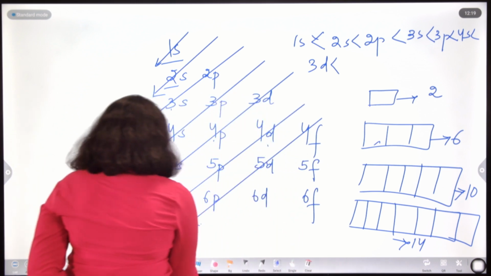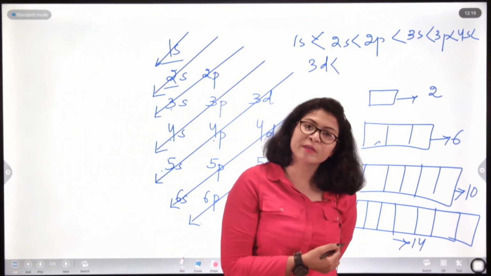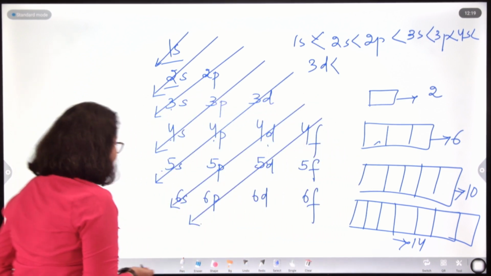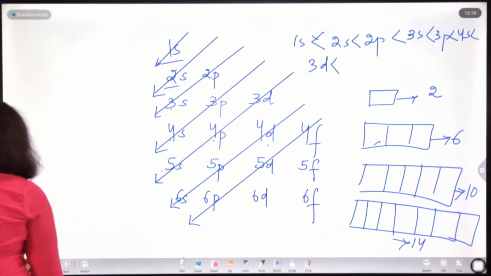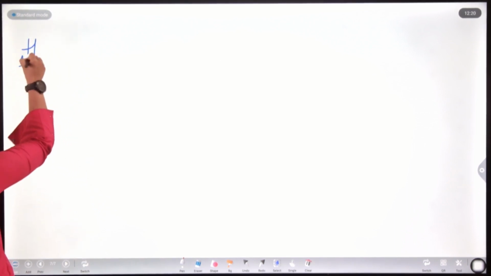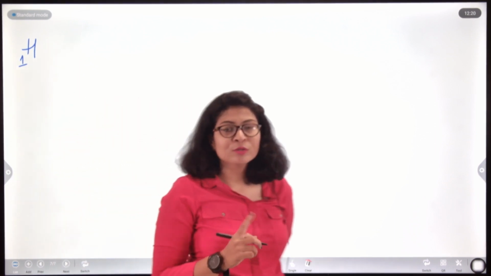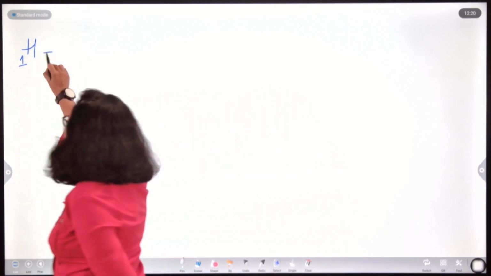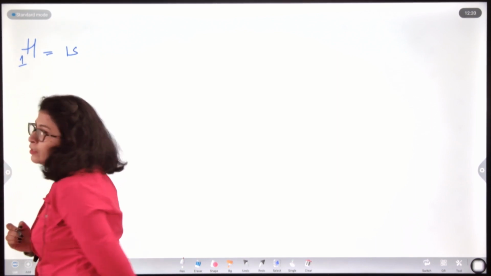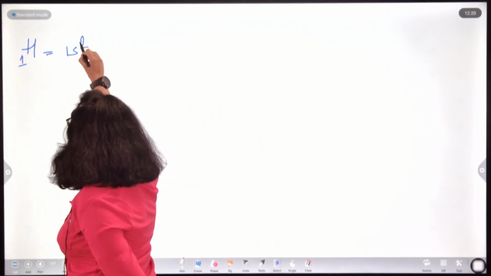Now, after this information, we can safely move on to writing the electronic configuration of our elements. So, we will start. For example, hydrogen, atomic number 1, has only 1 electron. So, first we have the 1s orbital, and 1s has a maximum capacity of 2 electrons, but we have 1 electron, so we will simply write 1s1.